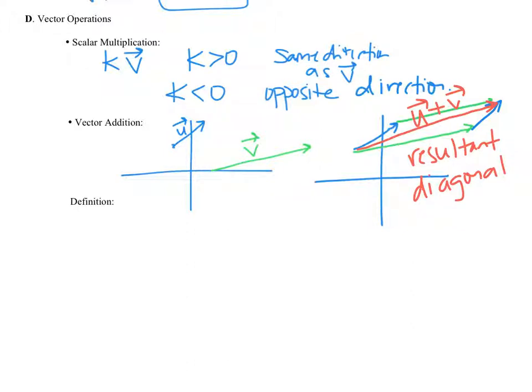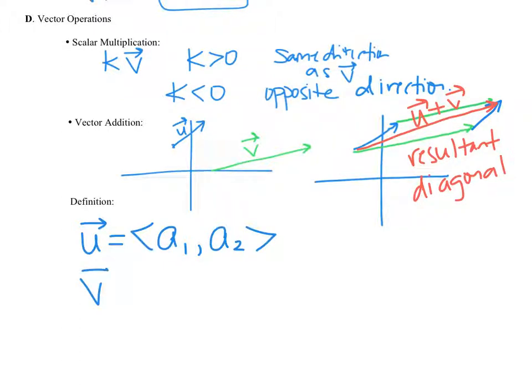Now, are you going to do that every time? No. The way that you're going to add up vectors is pretty easy. If you have vector u in component form, we want all of our vectors to be in component form. We don't want them out in space. It's just weird. So vector u, let's say in component form, is a1, a2.